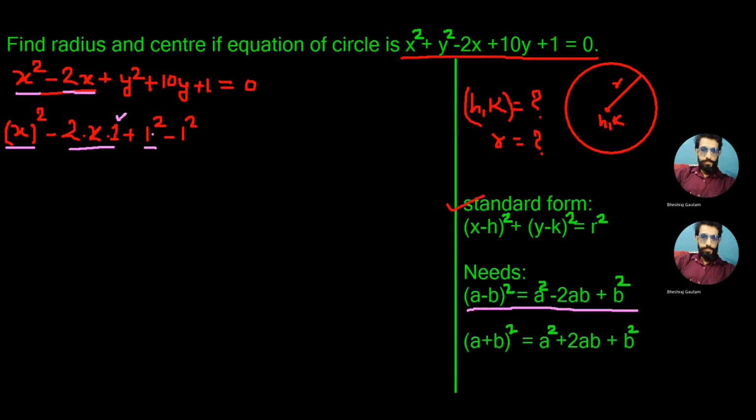So we write plus 1 square so that we can change this into this formula form. And we write this minus 1 square to balance this plus 1 square that we have written from outside ourselves.